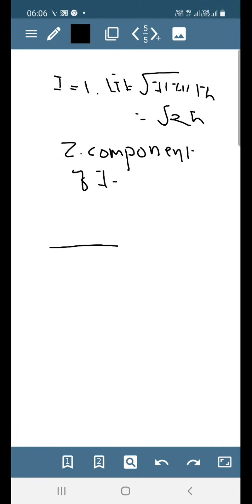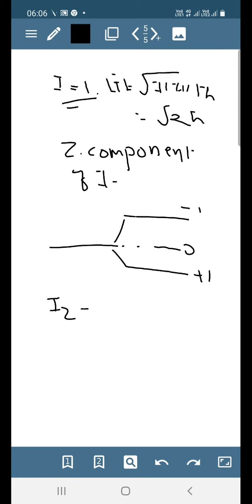So it will split up into plus 1, 0 and minus 1 for I is equal to 1. So Iz equal to minus 1 represents a nuclear dipole opposite to the magnetic field.